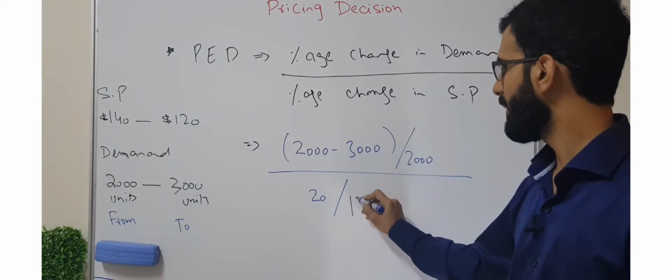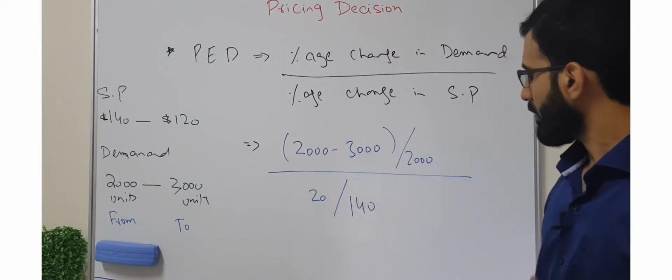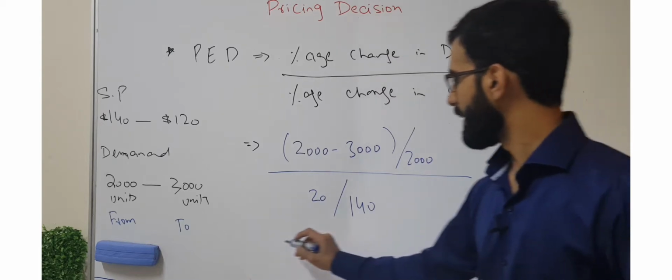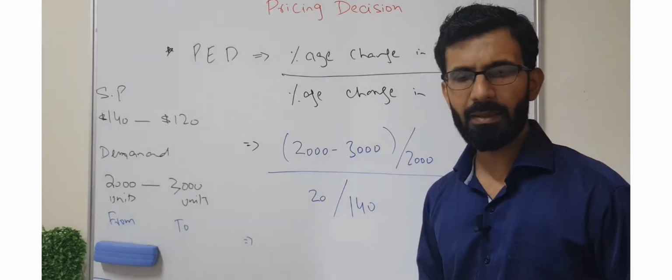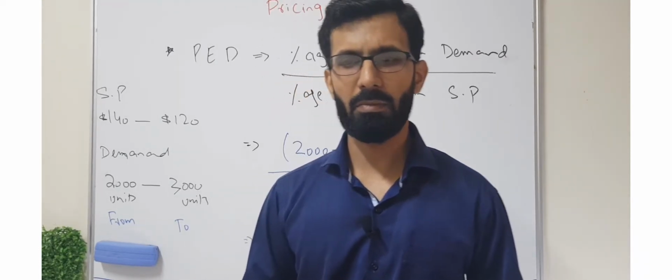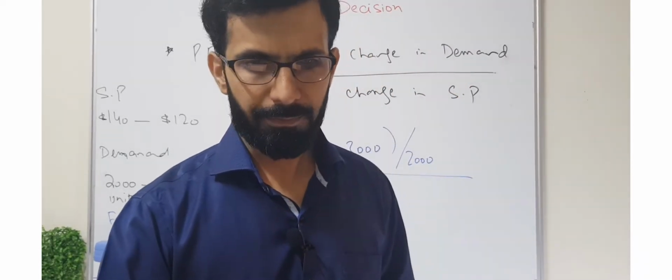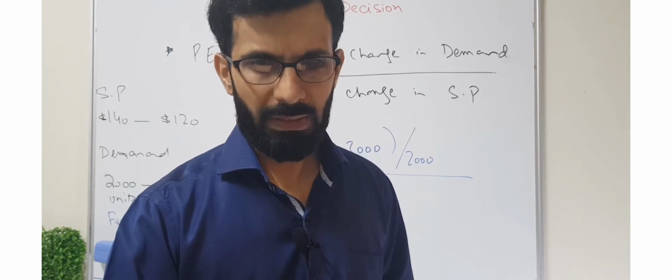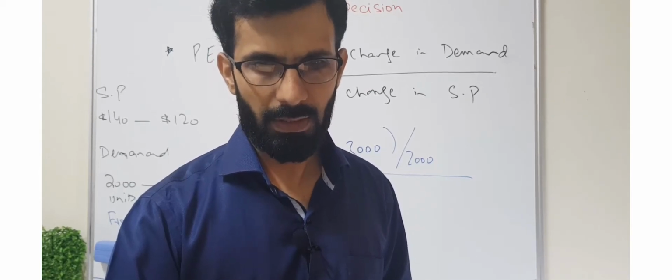So dividing it by 140, as a result we will be able to get the price elasticity of demand. When we calculate this price elasticity of demand, it will turn out to be greater than 1, right?